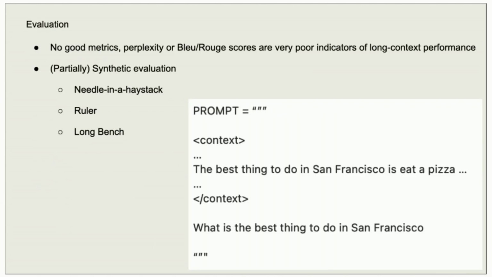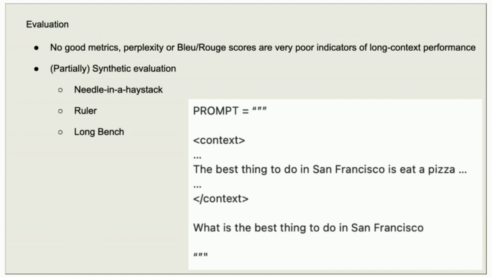And the last thing I'm going to talk about is evaluation. Similar to the data problem, the first thing is we don't have enough data. We don't have good data to evaluate our longer context models. And also we don't have a good metric. A lot of the traditional metrics we usually use, like perplexity or BLEU or ROUGE scores, fail to indicate whether this long context model has good performance or not.